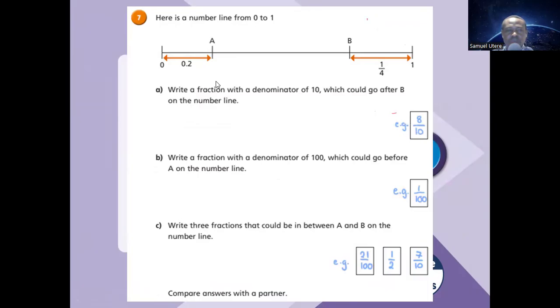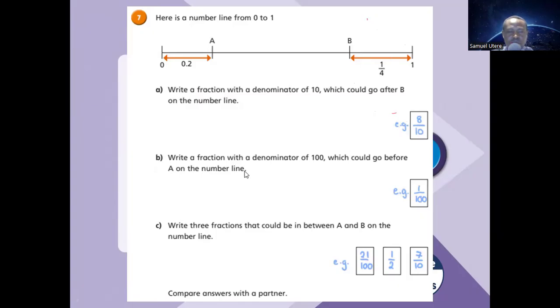If this is 0.2, we can see that we could have split this into 4 equal parts. That's quarters. A quarter splits the 100 square into 25 parts. So 8 tenths should be 80 hundredths, which is where we should go after that.